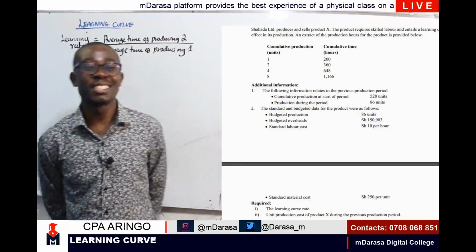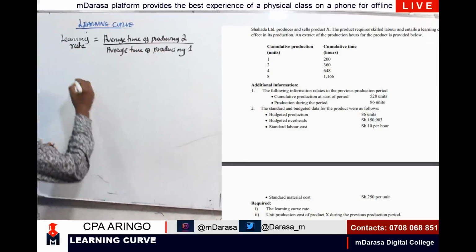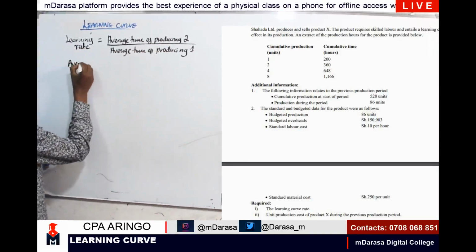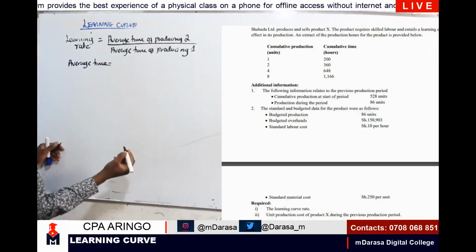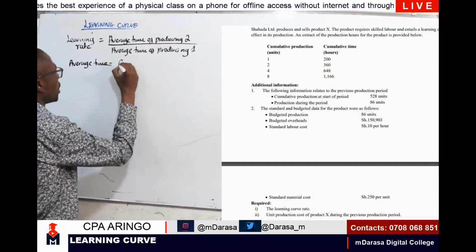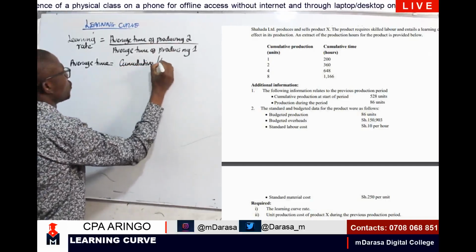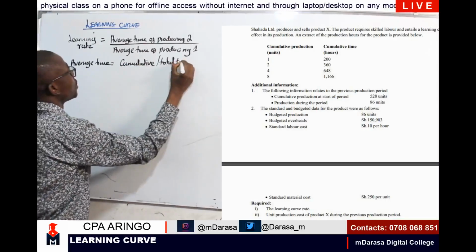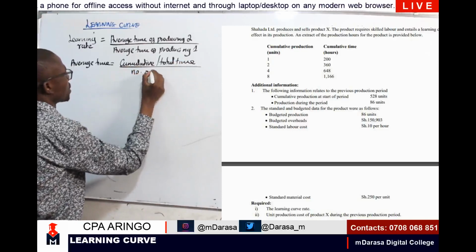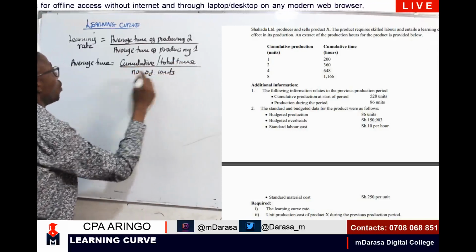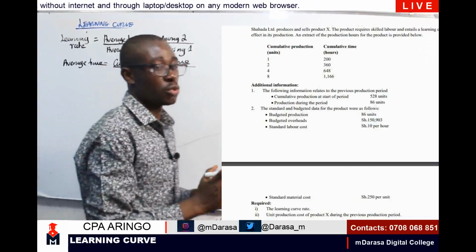No. Recall that to determine your average time, if not given a learning curve, that is easy because you take your cumulative time, which is the same as your total time, and divide by the number of units, in line with the total time that you are given.